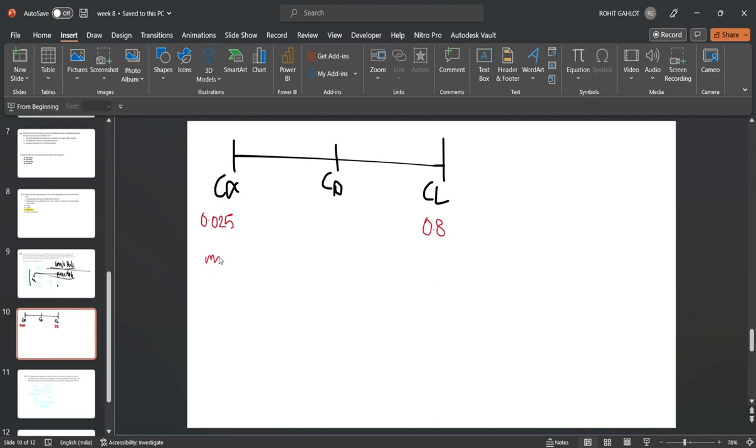So if you find the mass fraction of liquid, we can write it as C0 minus C alpha divided by Cl minus C alpha.